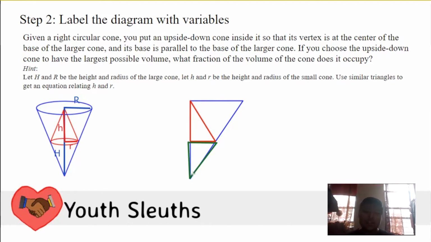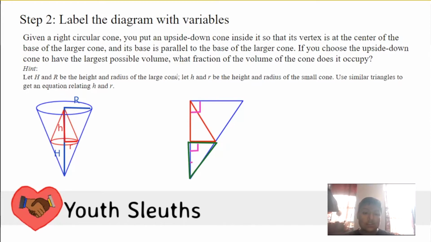We could say that this triangle is similar to the blue triangle. This is because if we look here, this is a 90-degree angle for the blue triangle, and here in the green triangle, we also have a 90-degree angle. Now we look at this cornered variable and they literally have the same angle.